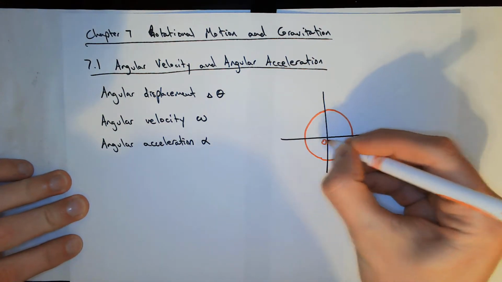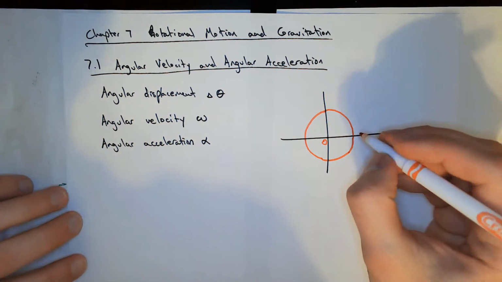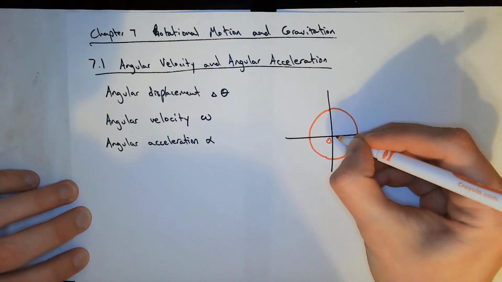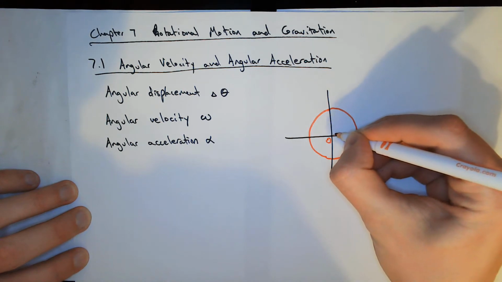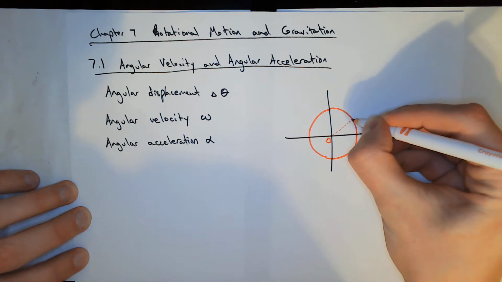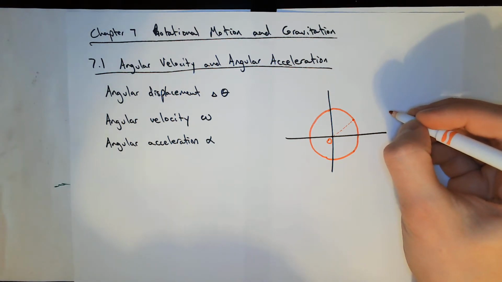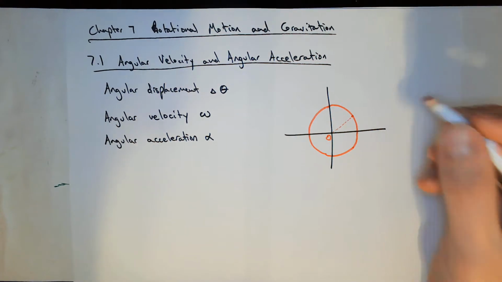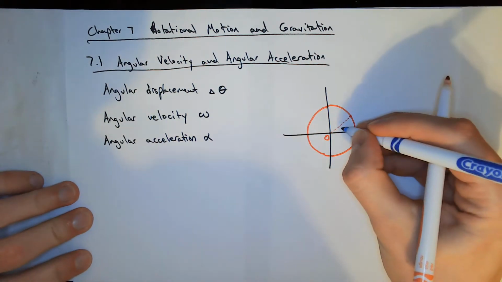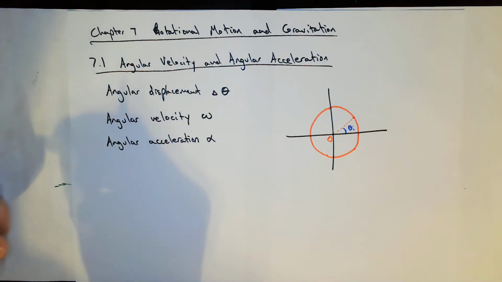The origin there is O, and we've got some line that is marking the initial position. We'll describe that with some initial angle, theta sub i.